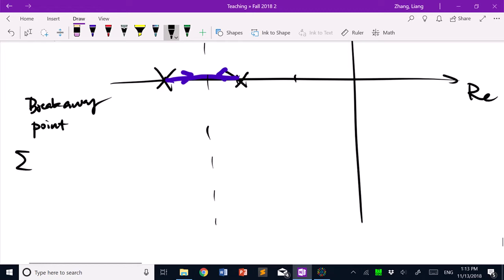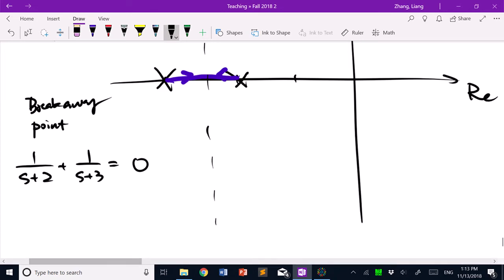You do the summation of 1 over all the poles, and that will give you 1 over s plus 2 plus 1 over s plus 3, equal on the right hand side to 1 divided by s minus all the zeros. We don't have anything like that, so just put a 0 on the other side.